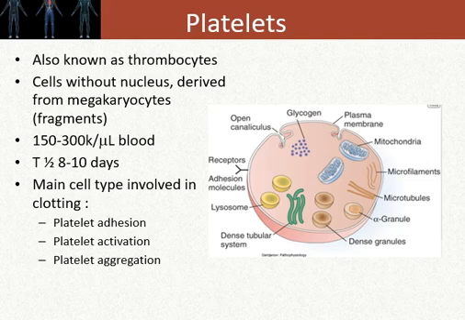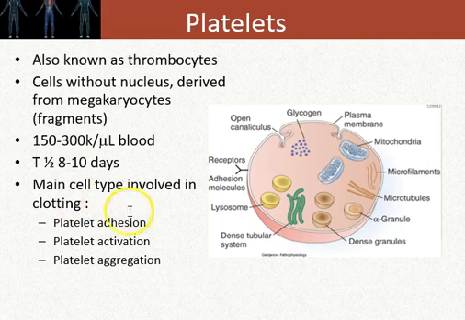And so central to these clots are platelets, also known as thrombocytes. They're cell fragments derived from megakaryocytes, and they've got a relatively short half-life. They only live about 8 to 10 days. In terms of the platelets, they basically play major roles in the formation of these clots.